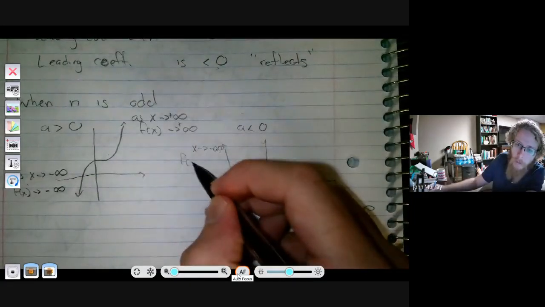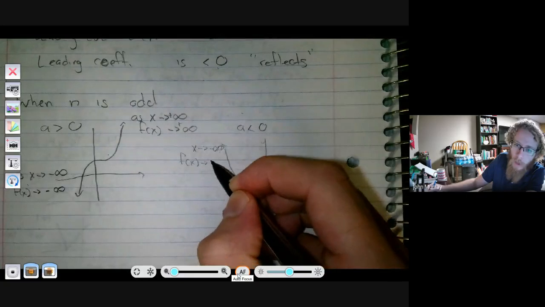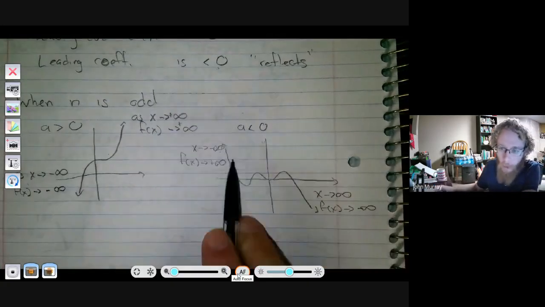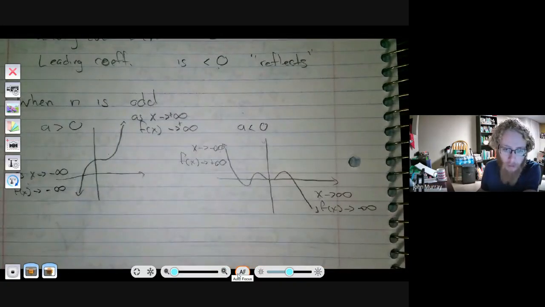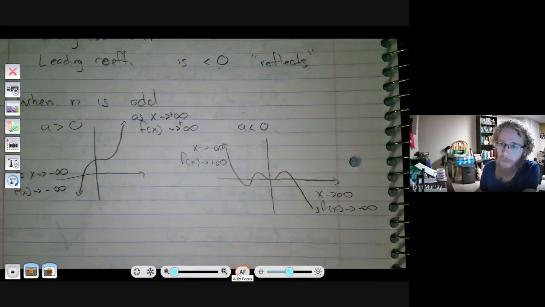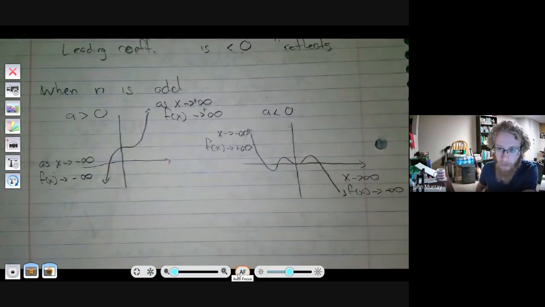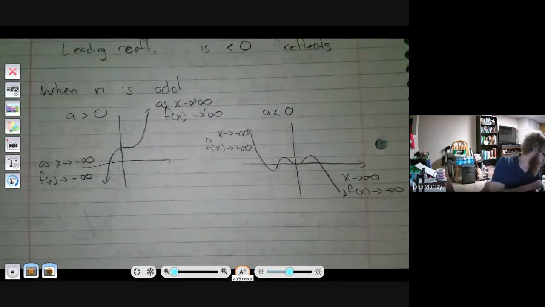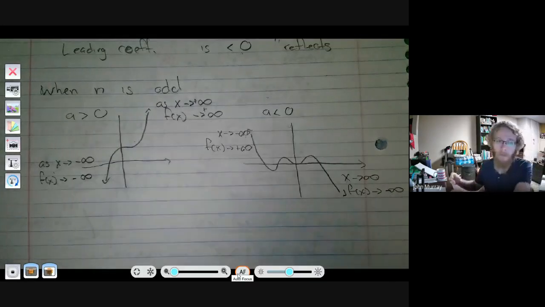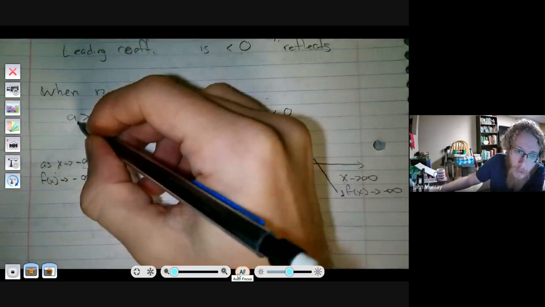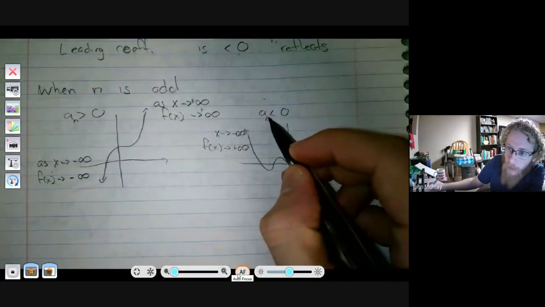Then my function, f of x, is going to positive infinity. Now, I wrote the positive there, but you don't need the positive if you're answering this. Okay, that's when n is odd. I'll give you a minute to catch up. Oh, let me just put n there. I forgot our leading coefficient.